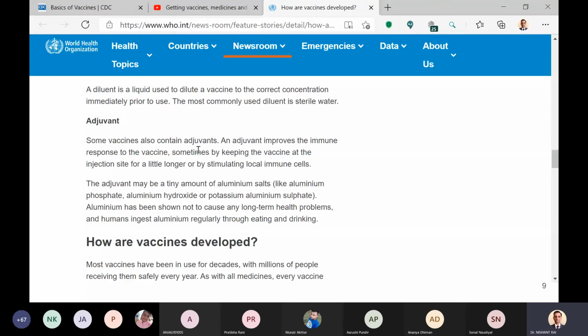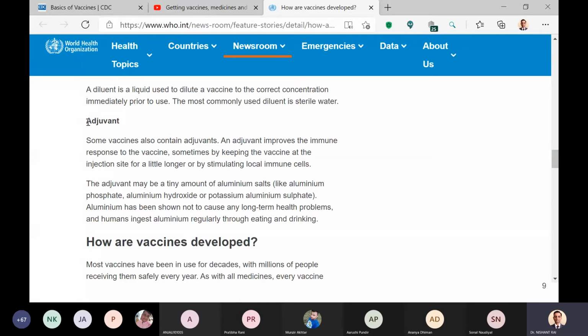The adjuvant actually enhances the body's immune response. How? When you inject this vaccine inside the body, the adjuvant releases it slowly, and thus our body produces the immune response against that antigen, which we call a vaccine.